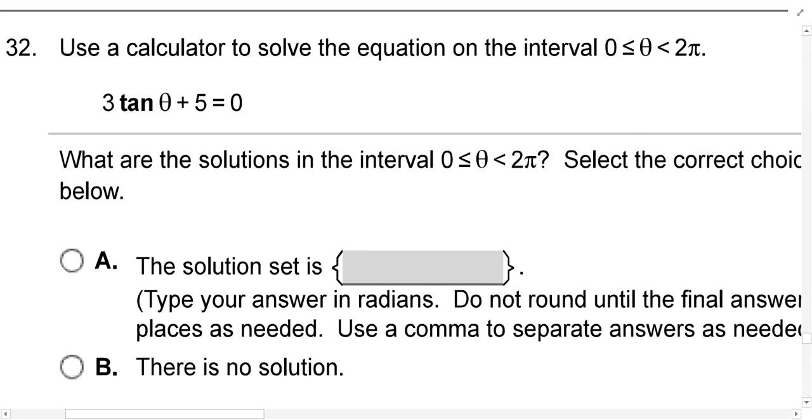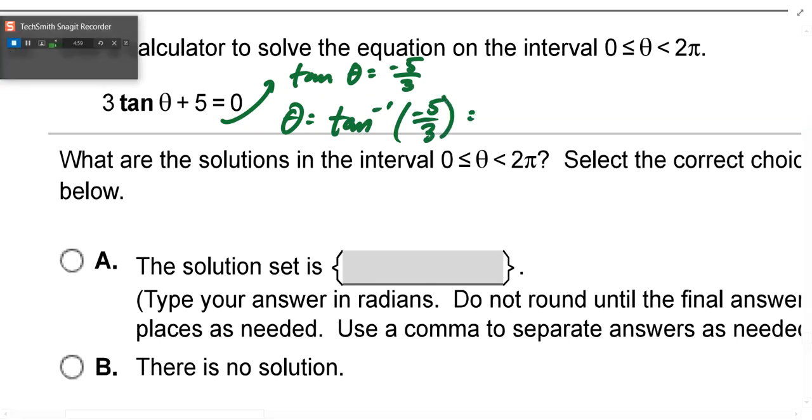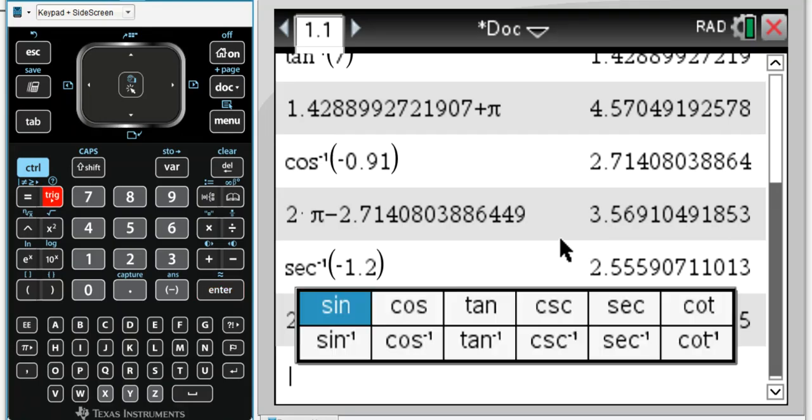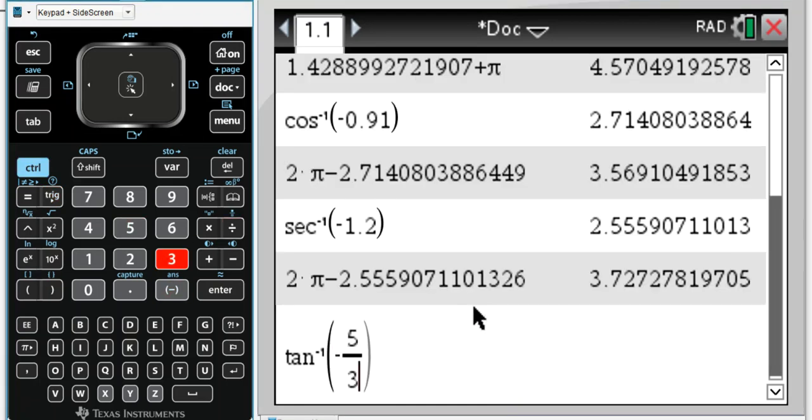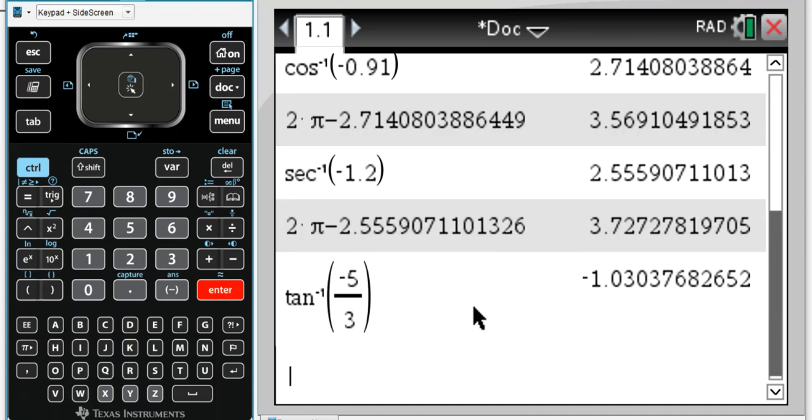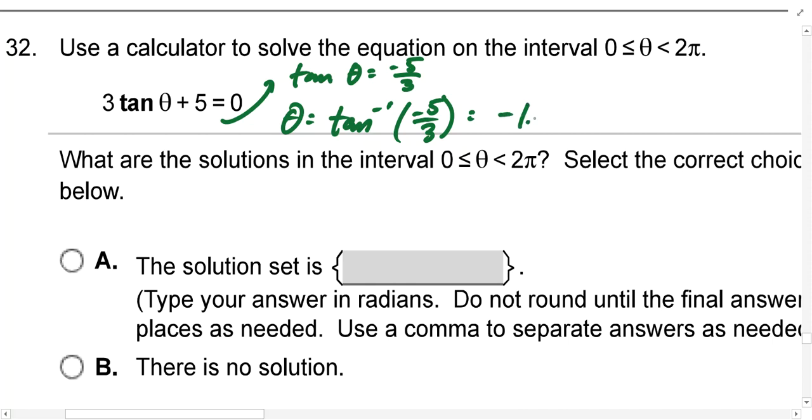For number 32, let's subtract 5 and then divide by 3 so that we see that tangent theta is equal to negative 5/3. That means that theta is equal to tangent inverse of negative 5/3. And according to our calculator, tangent inverse of negative 5 over 3 looks like negative 1.0304 when rounded.